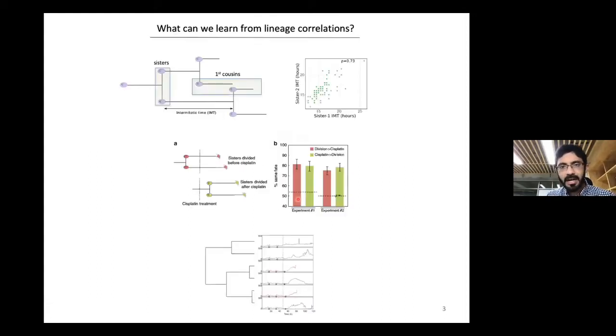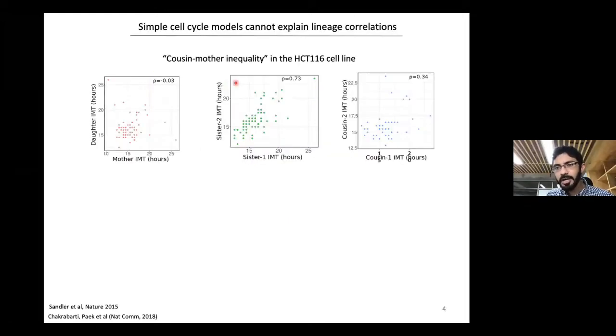Why is that? So if I go back once quickly, what it's saying is that mother and daughters, so mother would be this cell, the daughter would be this cell, right? So you're losing information on division times between mother and daughters, but somehow in cousins, that information is coming up again, right? So your cousins are more strongly correlated than mother-daughters.